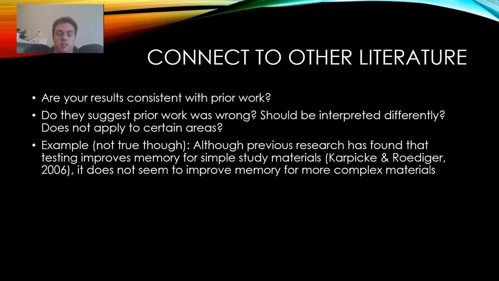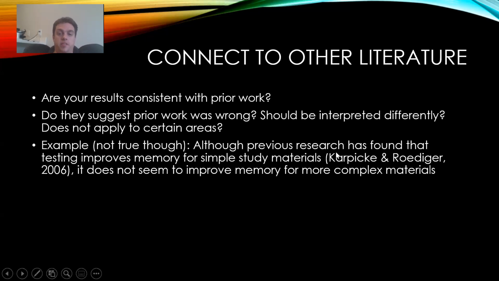So for example, dealing with testing. Although previous work has found that testing improves memory for simple study materials, it does not seem to improve memory for complex materials. So say I was running a study on testing and I wanted to know, does it work with complex materials, not just remembering simple word pairs or whatever it might be. Well, this would be connecting it to that.